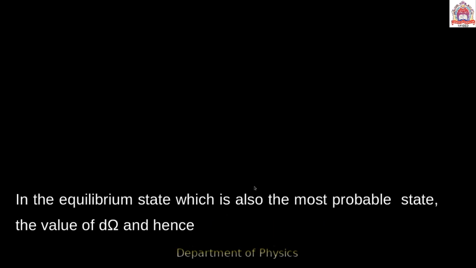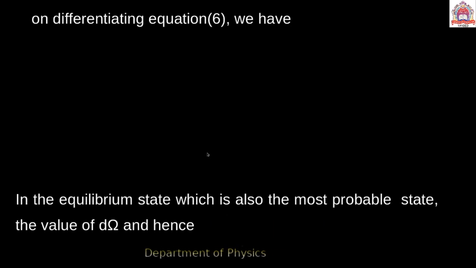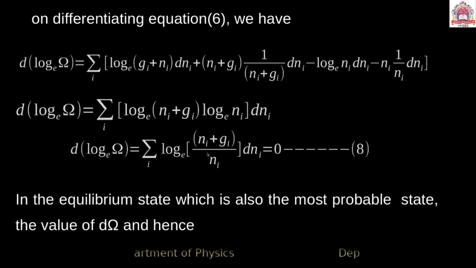The number of cells in a state, gi, remains constant while ni varies. Therefore, on differentiating equation 7 we get d log of probability equal to summation over I of log (ni plus gi) dni plus (ni plus gi) times 1 divided by (ni plus gi) dni minus log ni dni minus ni times 1 divided by ni dni.